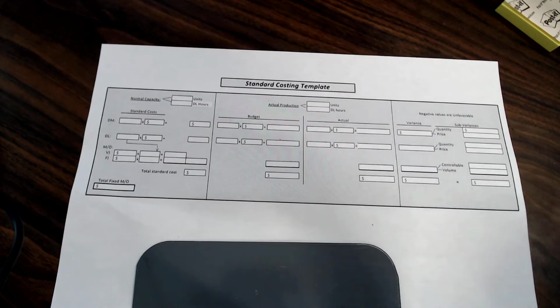It's good to be able to see it all in one place. So now what it does is it starts with the standard cost, and like I said, it's not my job. I'm not an engineer, and as an accountant, I just track costs and I report information.